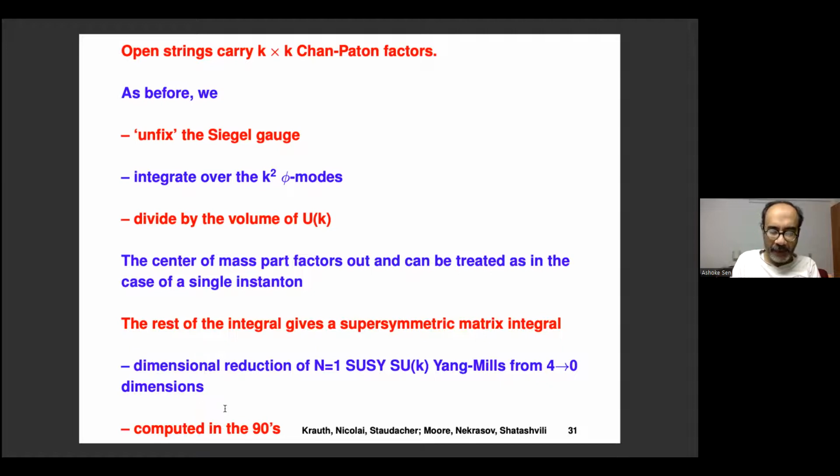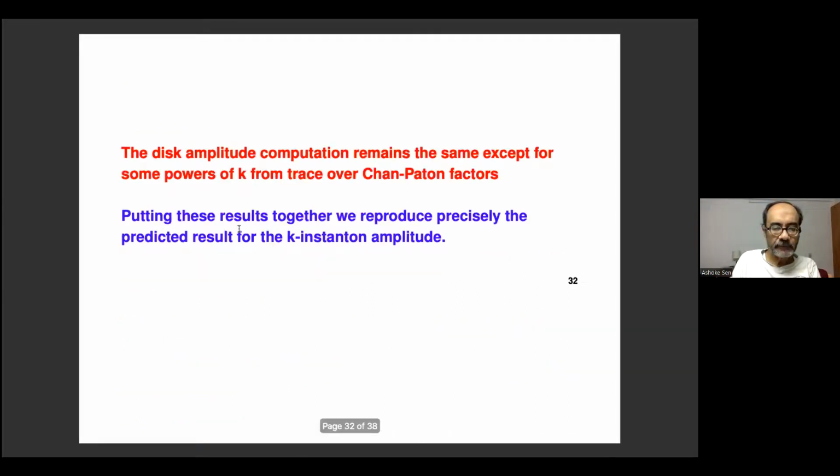So the hard part of the calculation is already done, and you just have to lift the result from that paper and put it back here. The rest of the amplitude calculation remains more or less the same, except for some powers of k that you get from the trace over Chan factors. After you put these results together, you exactly reproduce the predicted result for the k instanton amplitude.